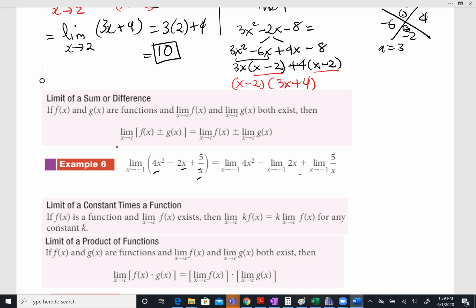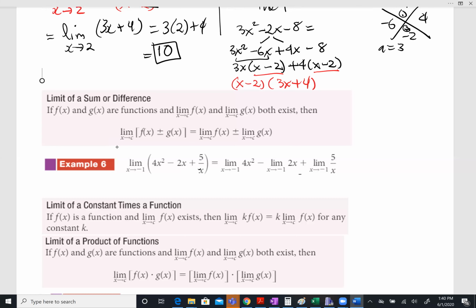So I have the limit of 4x squared when x goes to -1, minus the limit of 2x when x approaches -1, and plus the limit of 5 when x approaches -1. So that is very simple, right?